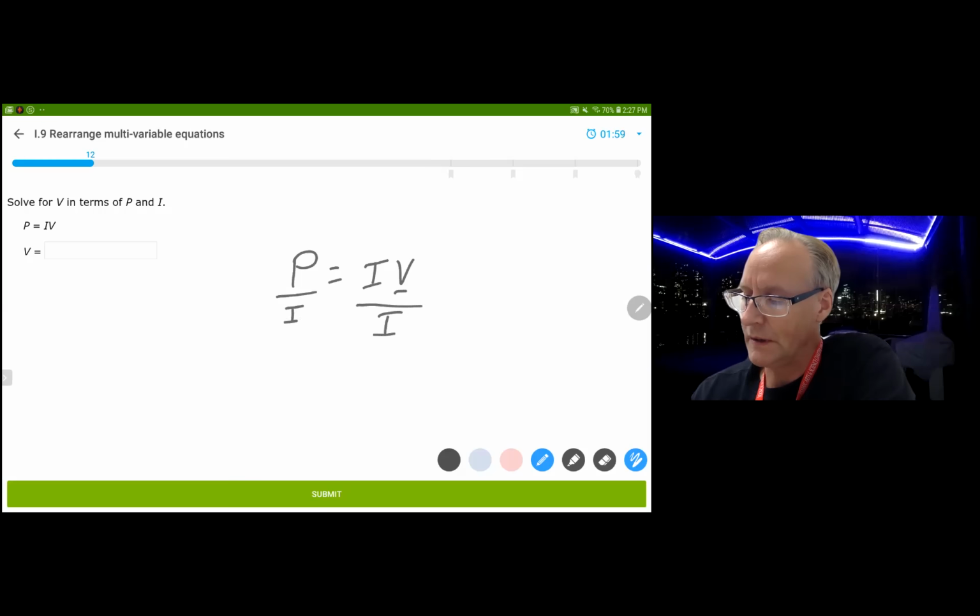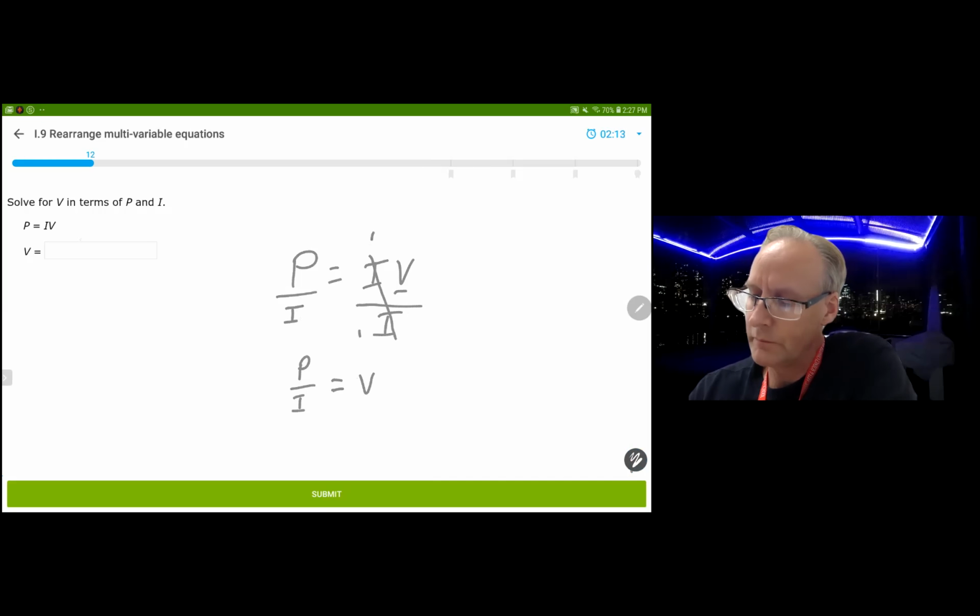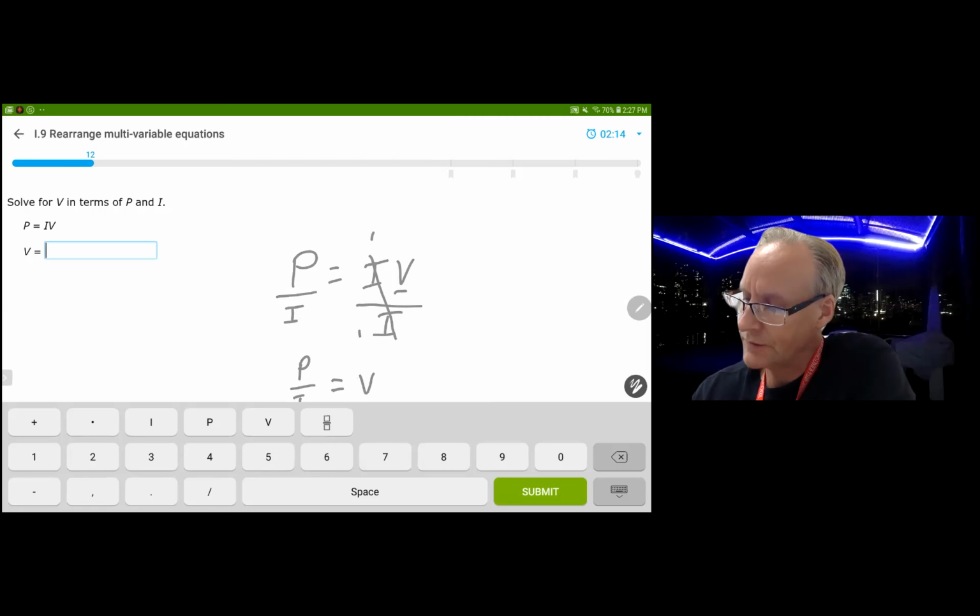And we have just P over I. The I's cancel out, give me 1s. And I have V is equal to P over I. And of course, I'm going to use the fraction bar and put the P over current, power divided by current.